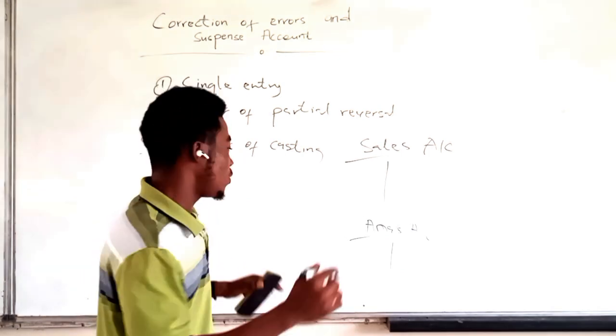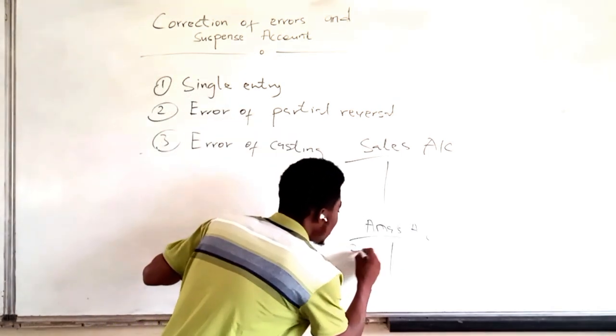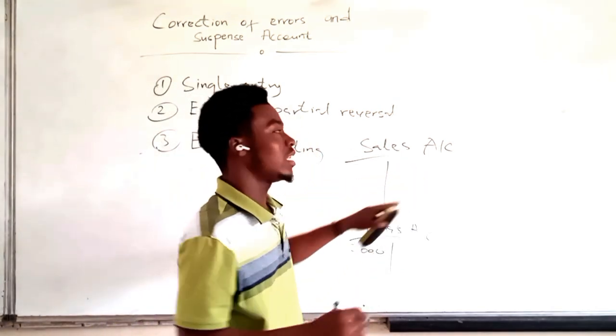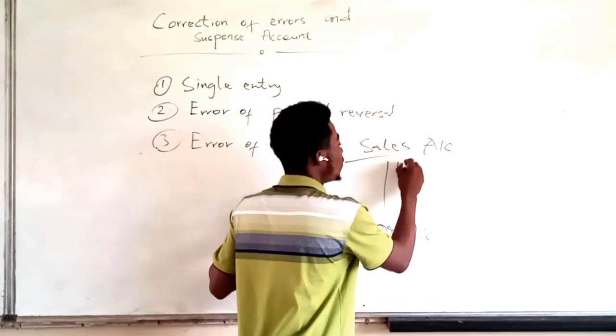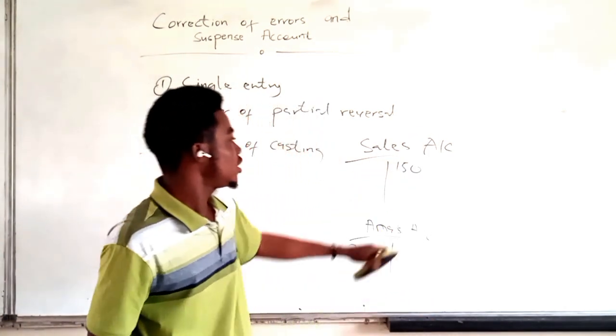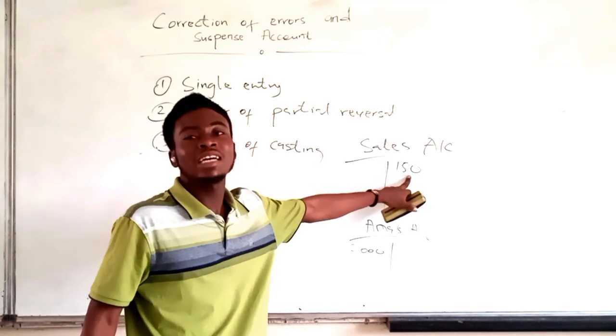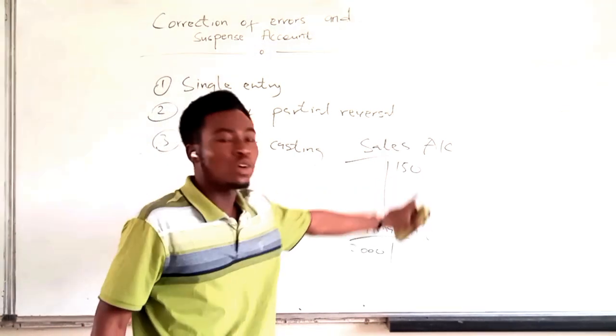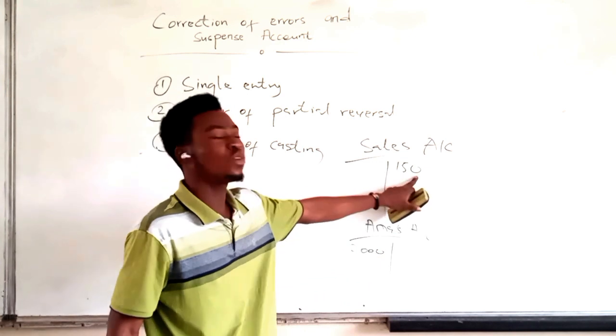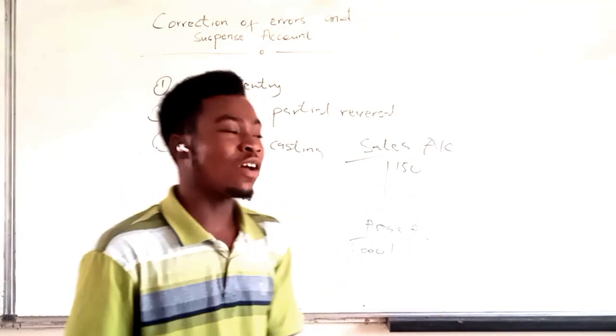But we recorded it by debiting Ama's account with 2,000 and then crediting the sales account with 1,500. This shows that the sales account is undercast, because the exact amount that you were supposed to record was not recorded. So this is the error of undercast.